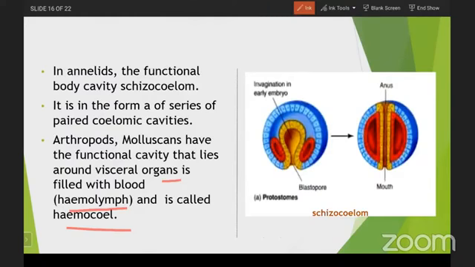So that is the reason they are called hemocoel. In arthropods, we call the coelom a hemocoel because it is filled with blood. But in annelids, we call it the schizocoelom because it has split cavities which are paired in structure. And protostomes means the mouth forms first, then onwards the anus.